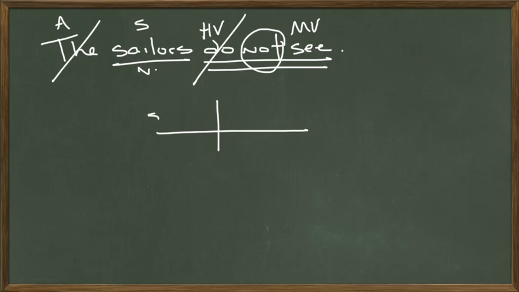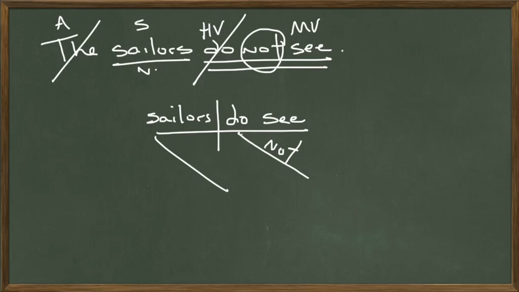Okay, subject on the subject side, sailors. What are they doing? They do see. Now that's the helping verb and the main verb. What do we do with the adverb? Well, just like an adjective, it goes underneath the word it's describing. And in this case, it's modifying, not describing, but modifying the verb. So we put not on a slanted line underneath the verb. And then, of course, we still have the article adjective, the.